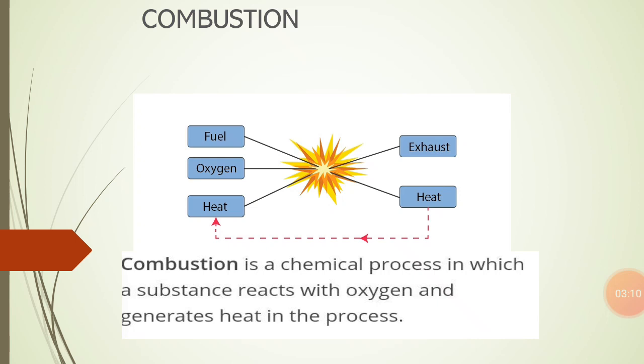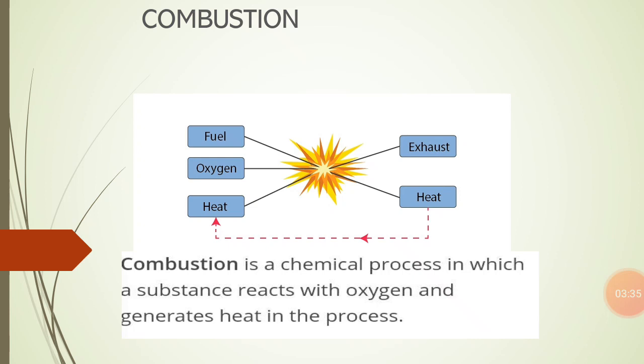Now there are some examples that help you to understand combustion. First example is the combustion of magnesium. As in the previous chapter I have told you, when the magnesium ribbon is introduced into a jar containing oxygen, it burns with a dazzling white light.